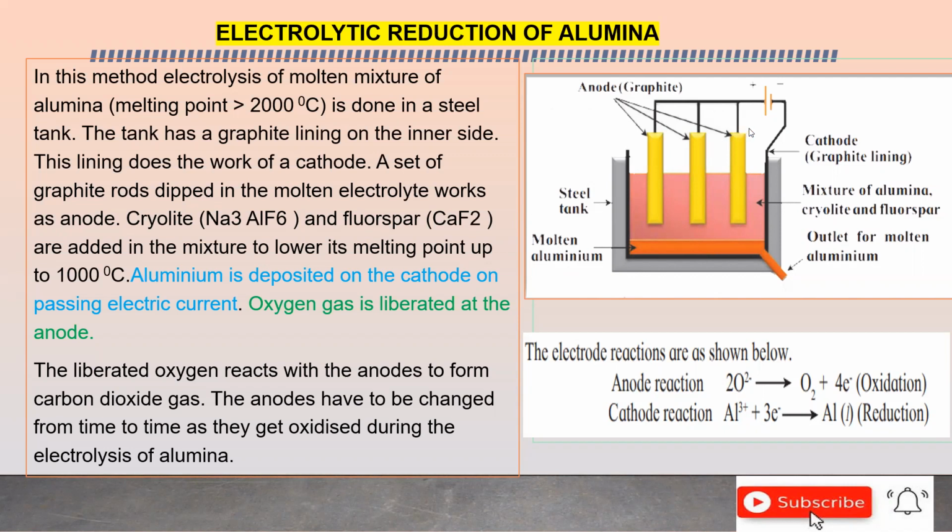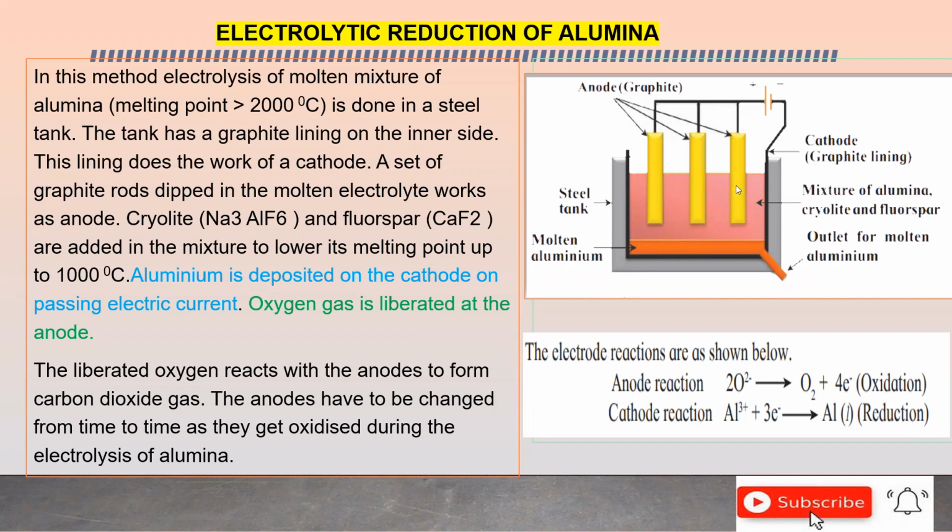Okay, when current is passed through this, aluminium will get deposited at the cathode and oxygen gas will be liberated at anode. Aluminium being heavy, it will sink to the bottom of the tank. There is an outlet here. From this outlet, we can remove aluminium.